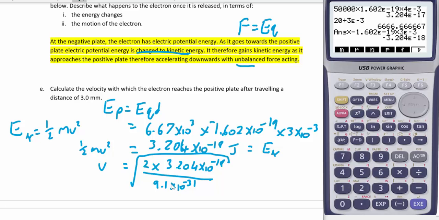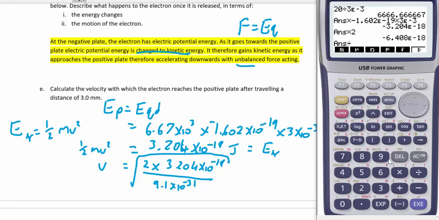So you can just put this into equation solver if you're not very confident, or you can just multiply this by 2 divided by 9.1 e minus 31, which is the mass of an electron.